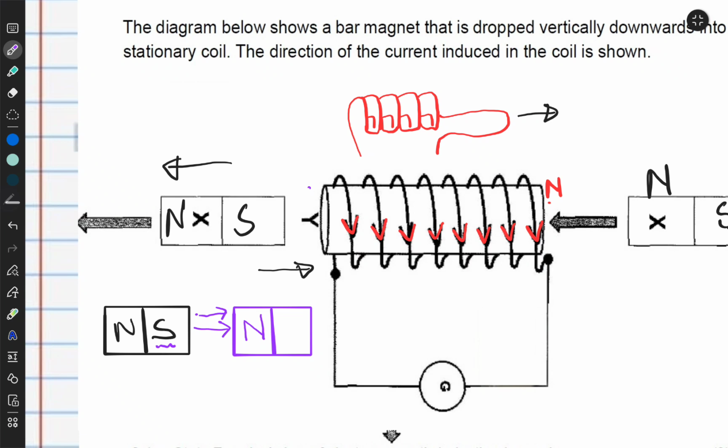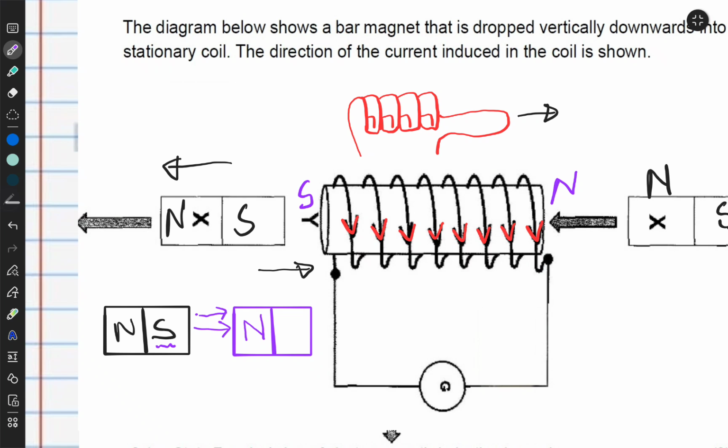If you said this was N initially and therefore this is S, you would think that if this is both S, then Lenz's law doesn't hold. But that's not how it works. It always changes. At this point, this is our N, so this side will be our S. But when the magnet was still moving inside the coil, this was our north pole and this was our south pole.